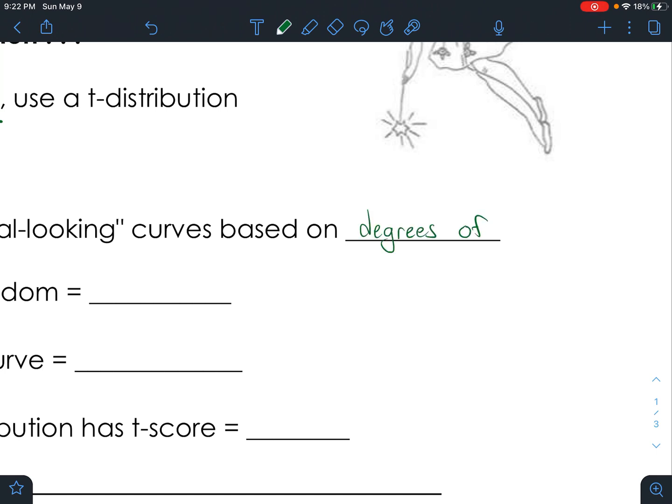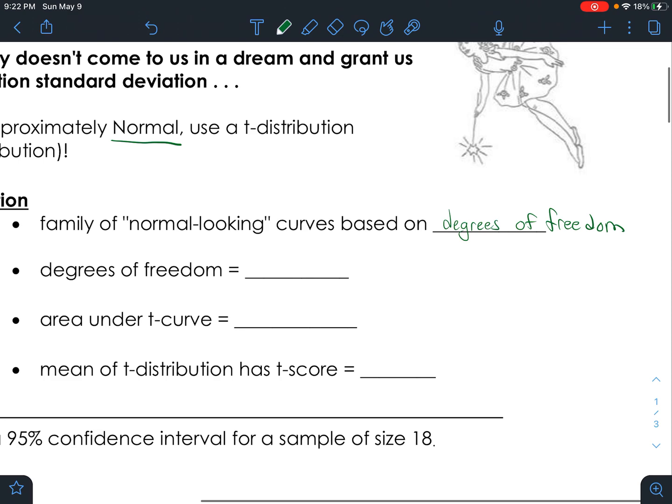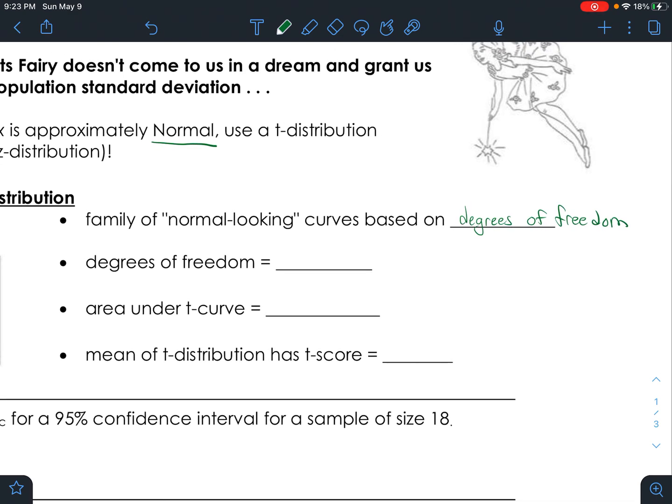So it's a family of normal-looking curves based on degrees of freedom. This is a term specific to this topic. It's a vocab term, degrees of freedom. What is a degree of freedom? Well, it's simply one less than whatever the sample size is. So if you have a sample size of 20, let's say, your degrees of freedom is 19.